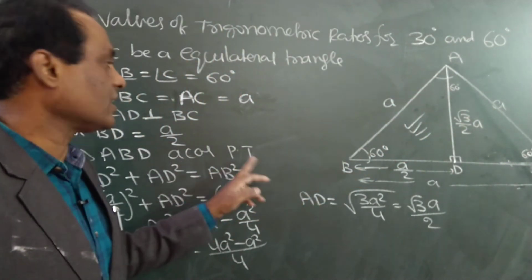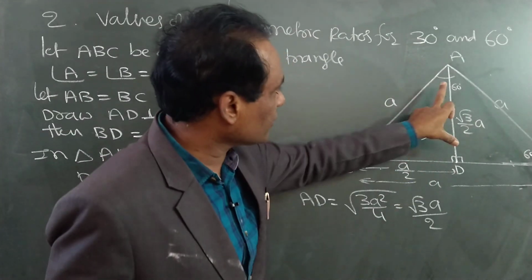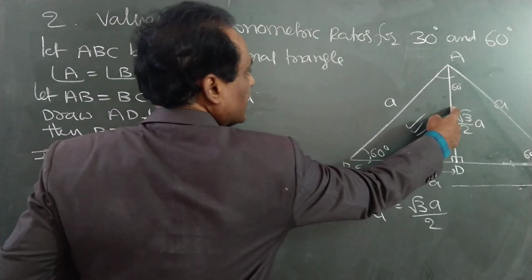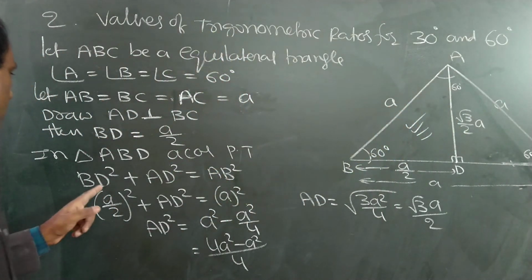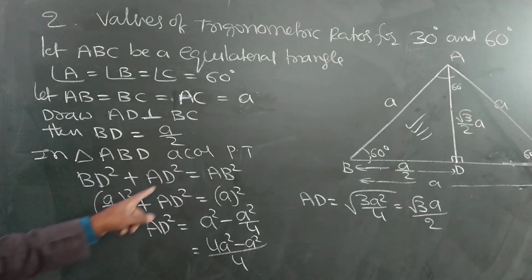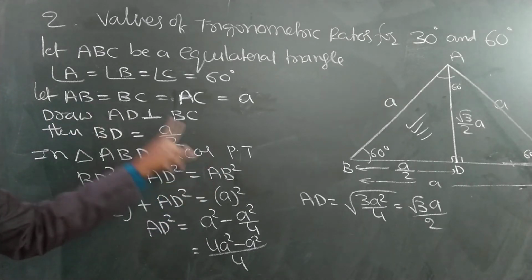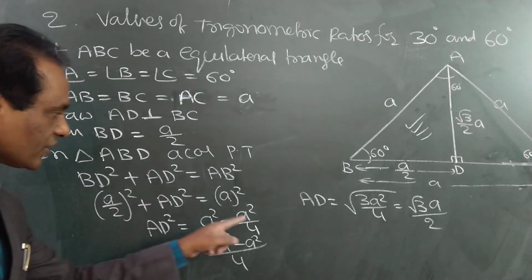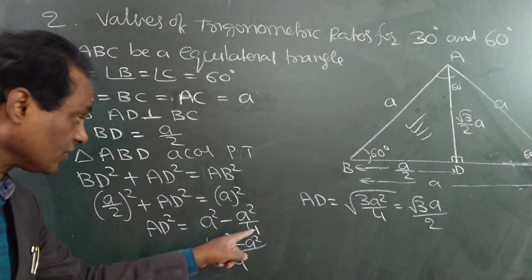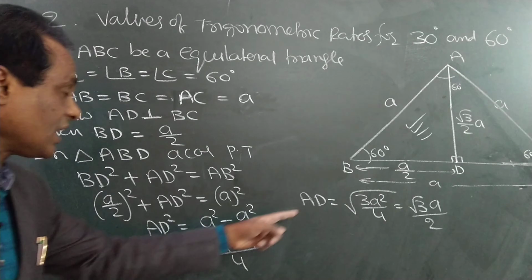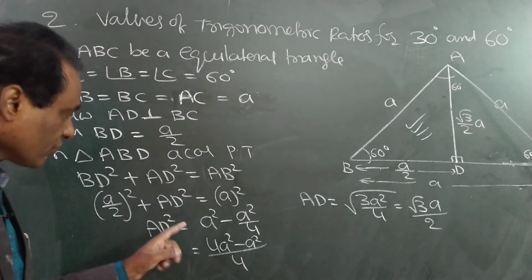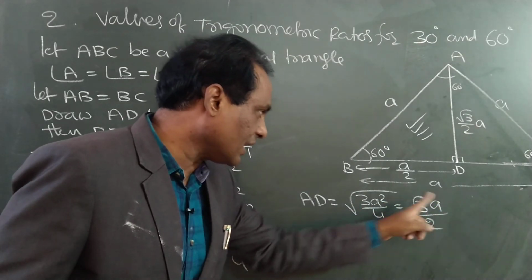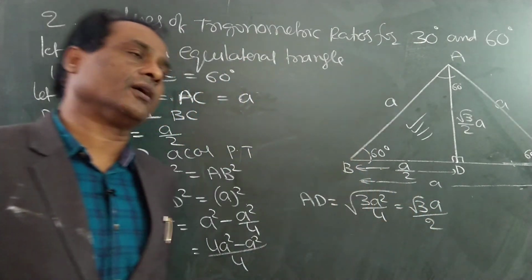Using the Pythagoras theorem, BD square plus AD square is equal to AB square. BD is A by 2, AD we don't know, AB is A. So AD square is A square minus A square by 4, 4 LCM, 4A square minus A square is 3A square by 4. Remove the square, we get root 3, and the square root cancels with A; root 4 is 2.